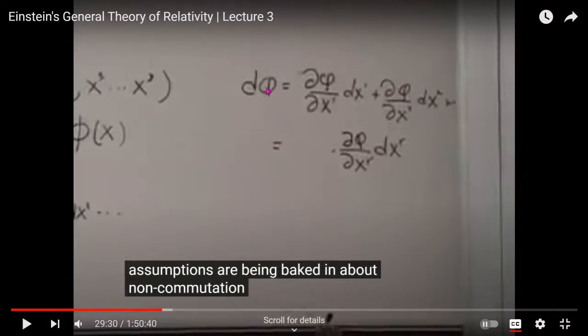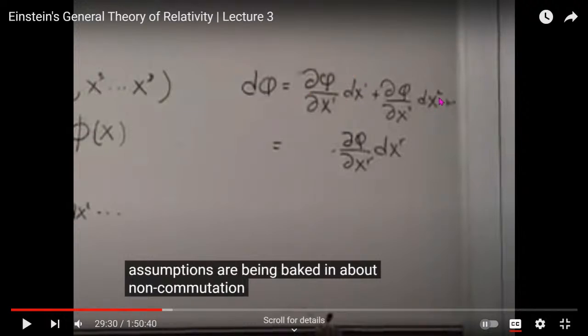Phi is the mountain terrain, and we have x1, x2, that's the x and y, and phi is the height. So I'm wondering, if I move a little bit of dx1, a little bit of dx2, how much d phi did I move? When you move in the direction of dx1, you multiply by d phi dx1, and that gives you how much you have gone up or down in the direction of x1.